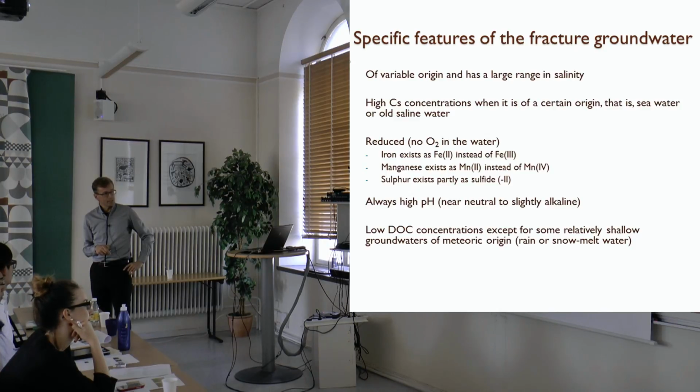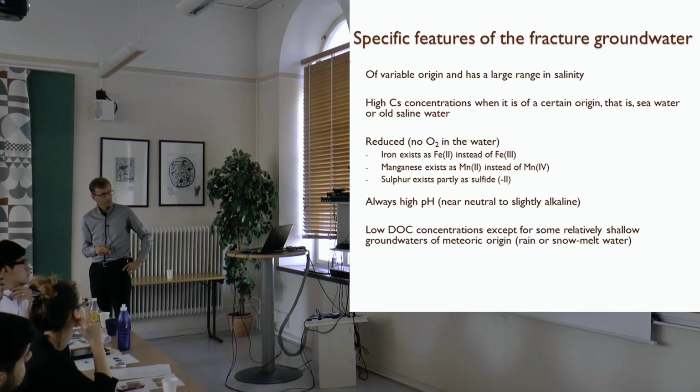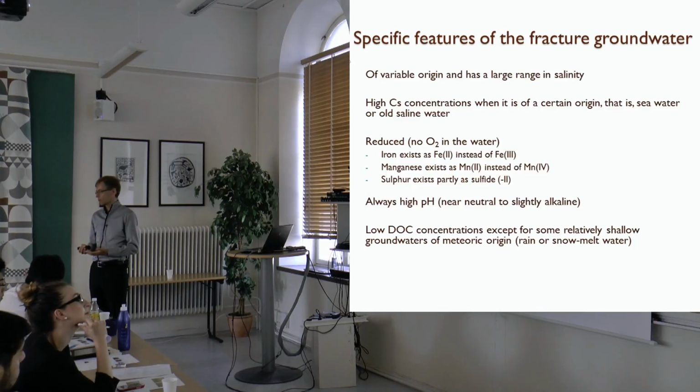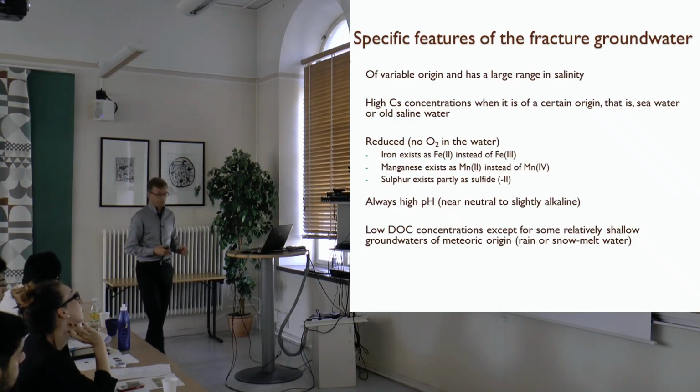So these oxidized species here to the right, which we have in the surface environment, are being reduced to other valencies. And this is carried out by microorganisms, the topic of the next presentation.